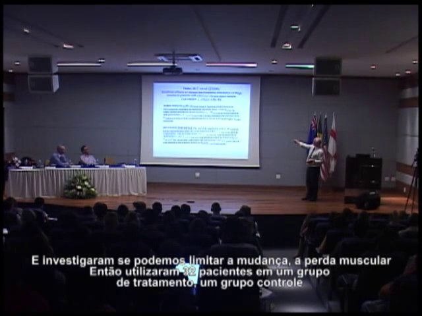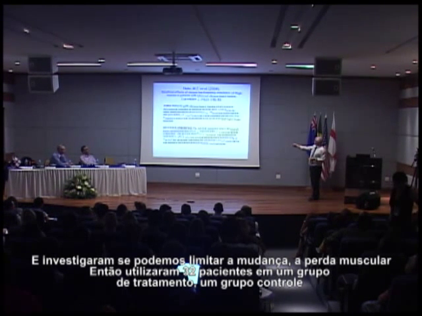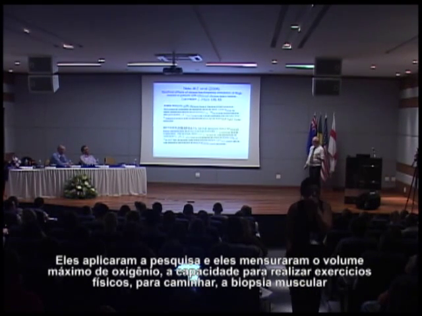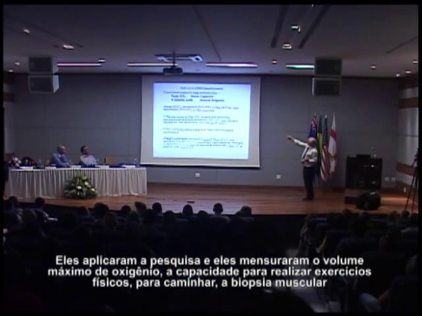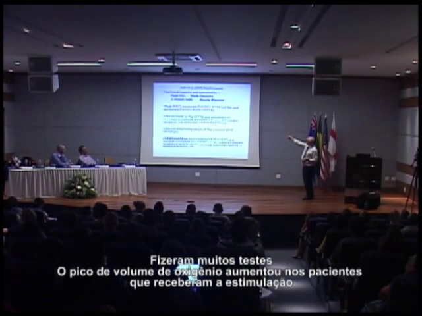They investigated, can we limit the change? Can we limit the loss of muscle? So they have 32 patients in a treatment group and a control group, and they went through the research and they measured VO2 max, work capacity, walk, and muscle biopsy. Went through lots of tests.